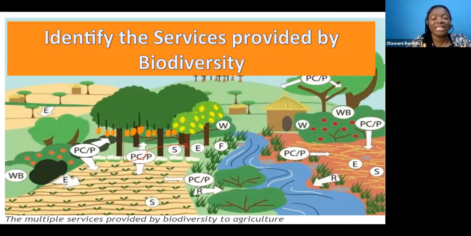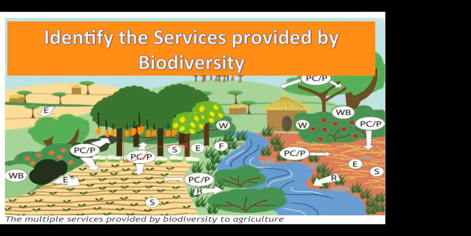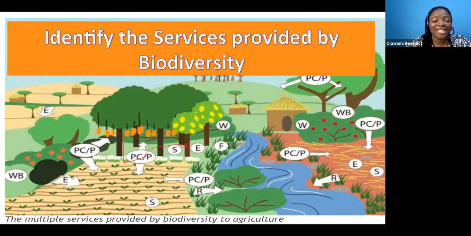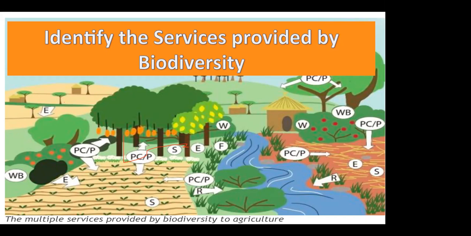Just to name each person, we are 7 or 8. Can we name one service that is being provided by biodiversity with the picture that we are seeing, with the diagram that we are seeing? You can unmute yourself and just speak, please. Madam Chido. Hello.